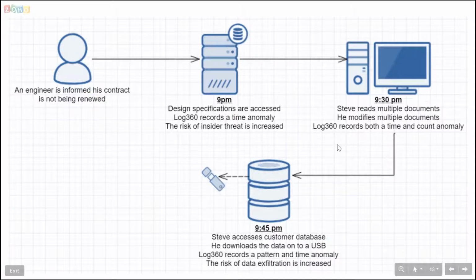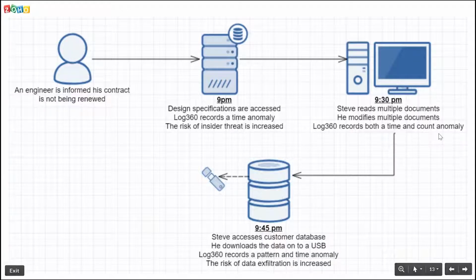Half an hour later, Steve starts performing an unusual volume of activity. He starts reading and changing multiple documents at 9:30 at night. Since this is an unusual volume of activity occurring at an odd time, you have both a time and a count anomaly occurring here.